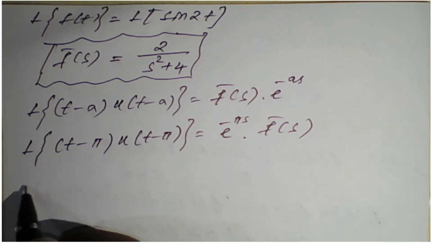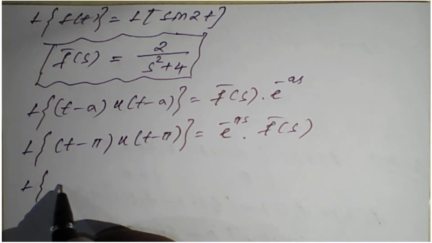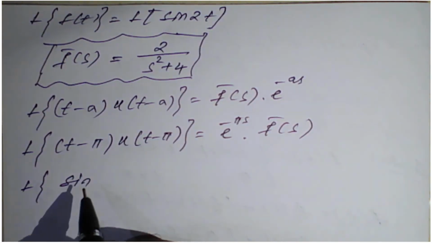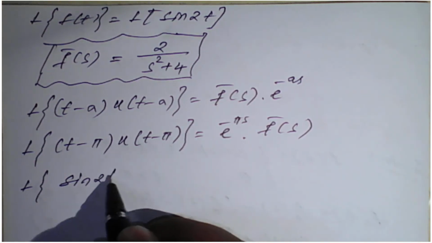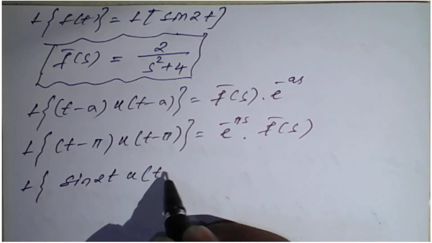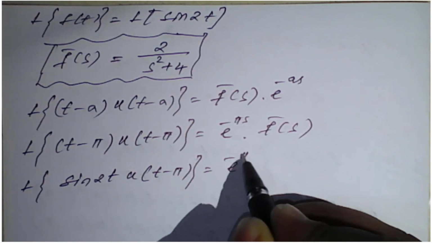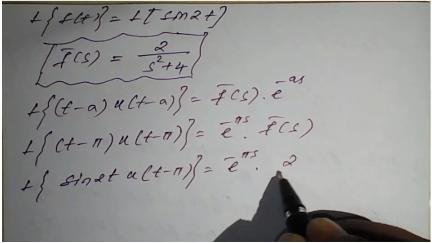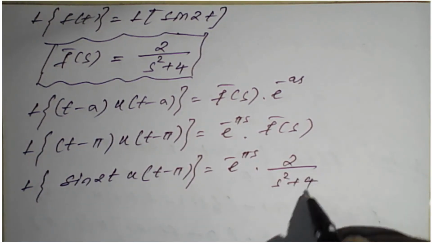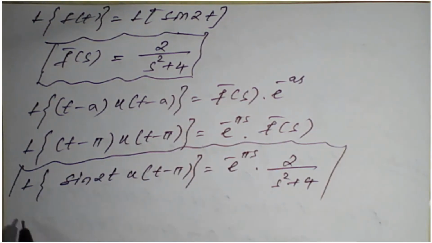Therefore Laplace transform of sine of 2t into u of t minus pi is nothing but e raised to minus pi s into f dash of s, which is 2 upon s square plus 4. So we got the second term result.